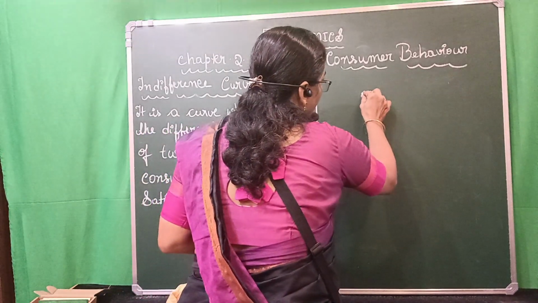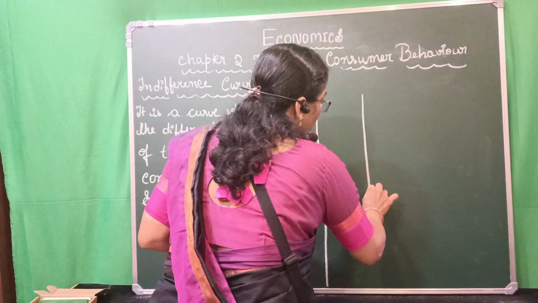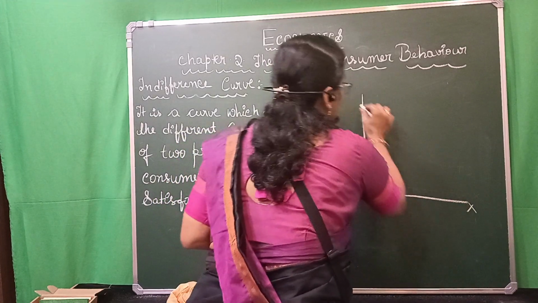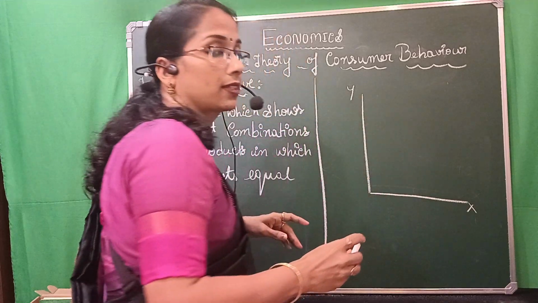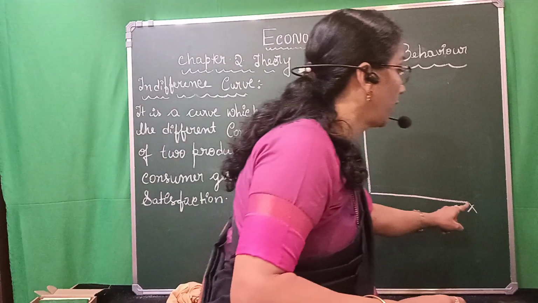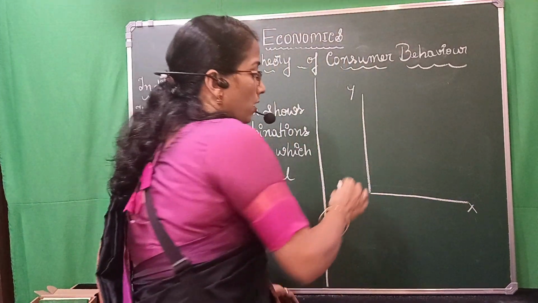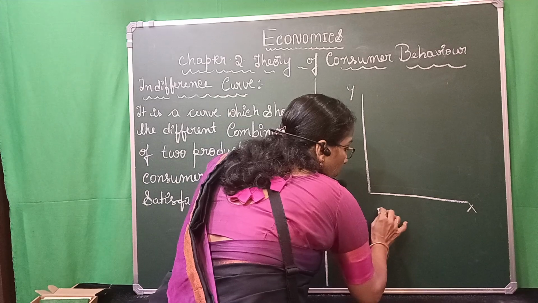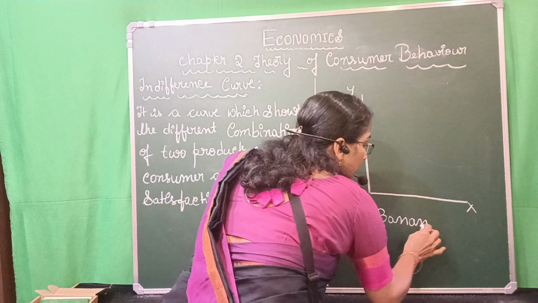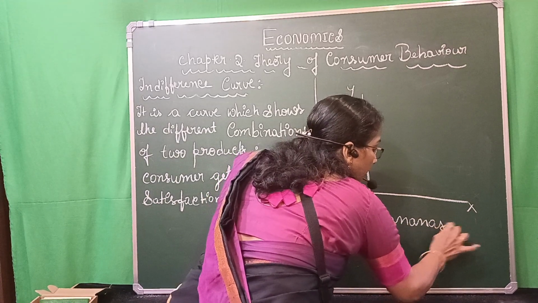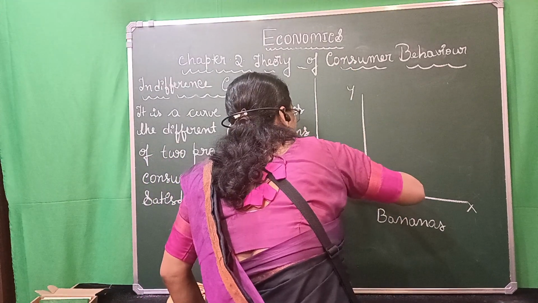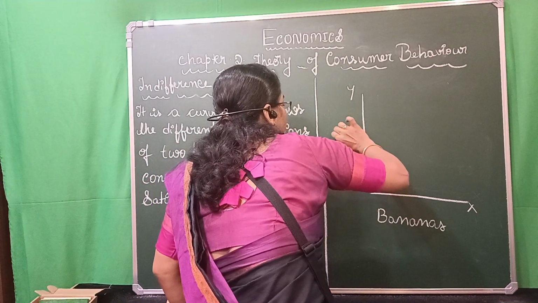To draw the diagram, as you already know how to draw diagrams in economics, we have to draw two axes, axis X and axis Y, vertical axis Y and horizontal axis X. Let us represent two commodities or products here. On the OX axis, let us represent bananas, and on the OY axis, let us represent mangoes.